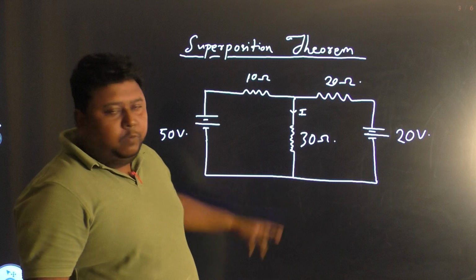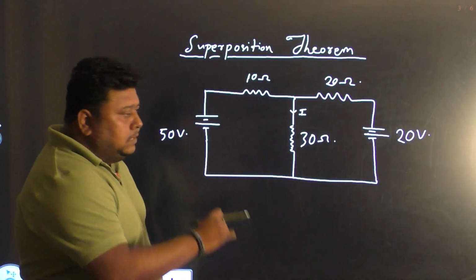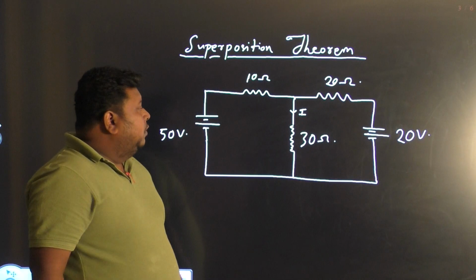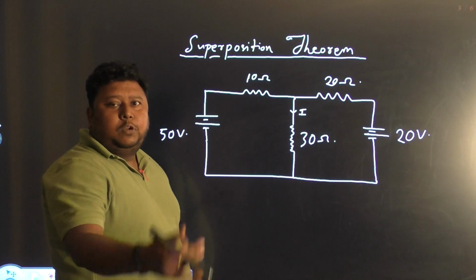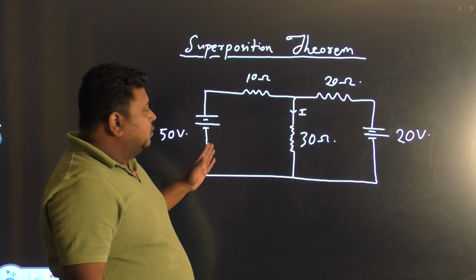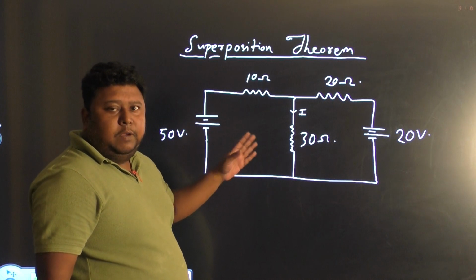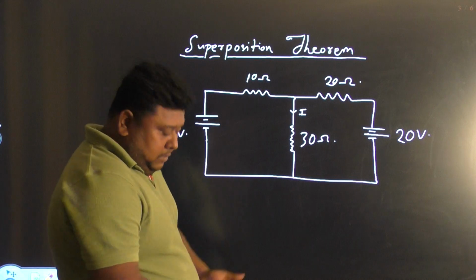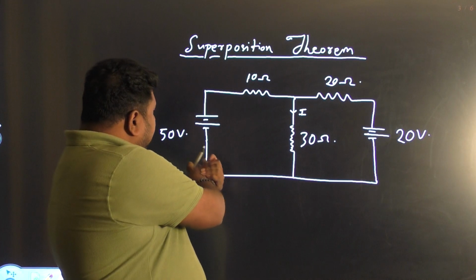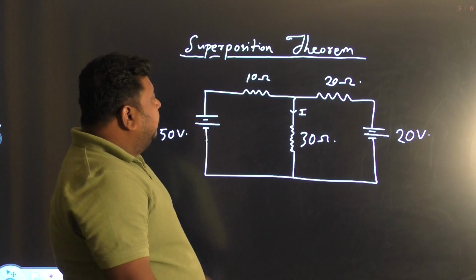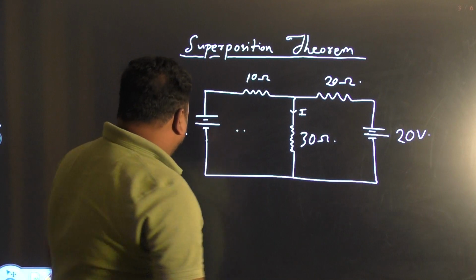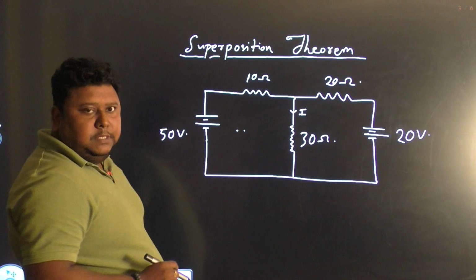Here we have two voltage sources, and as I have told, if two or more than two sources are there, then we have to apply this theorem. So if two sources are there, we have to solve this circuit by applying superposition theorem in three steps.